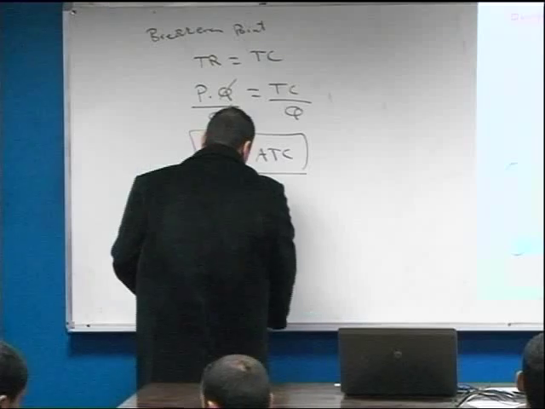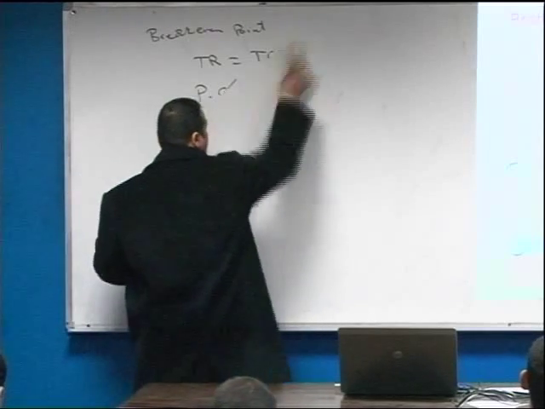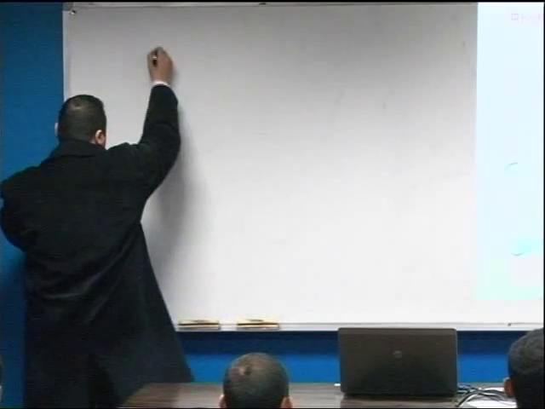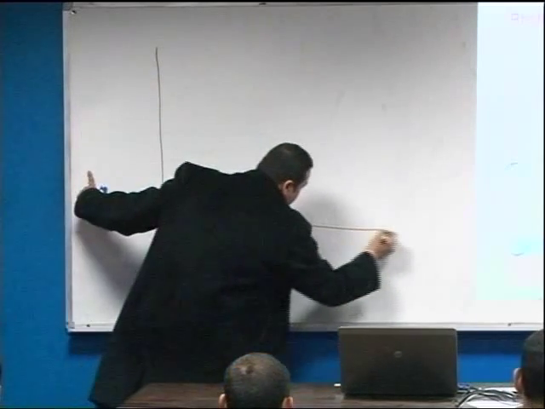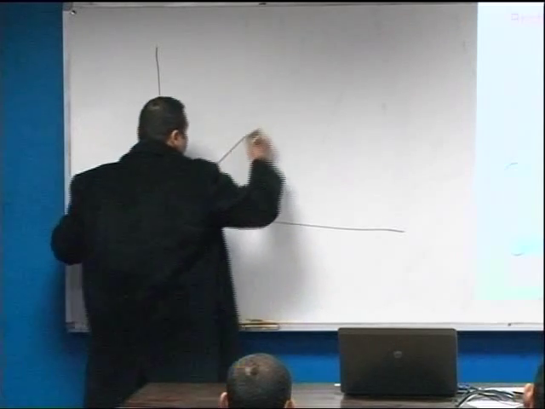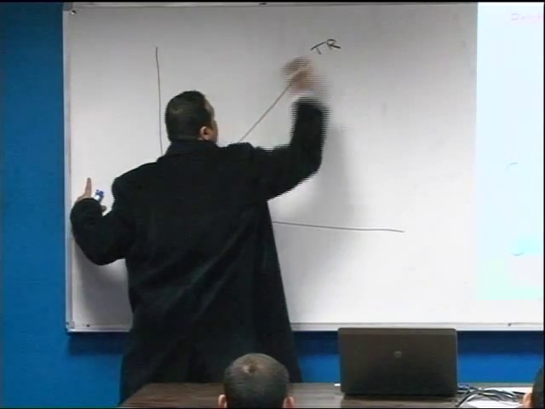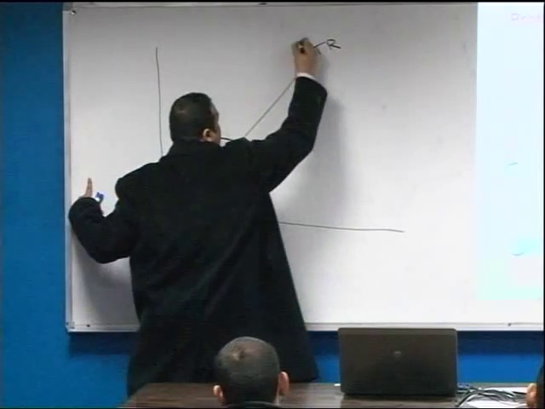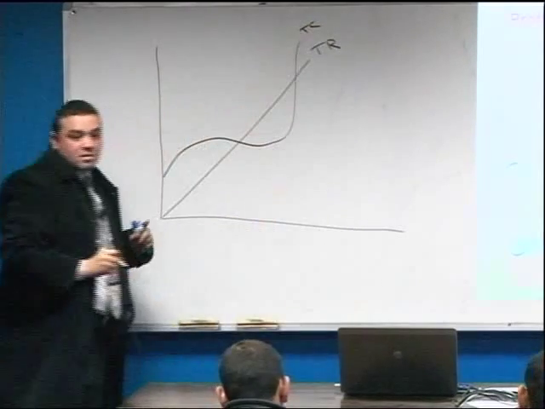So I will come back to an important issue. As we mentioned, in the totals method, here we have the total revenue, and this is the total cost, right?